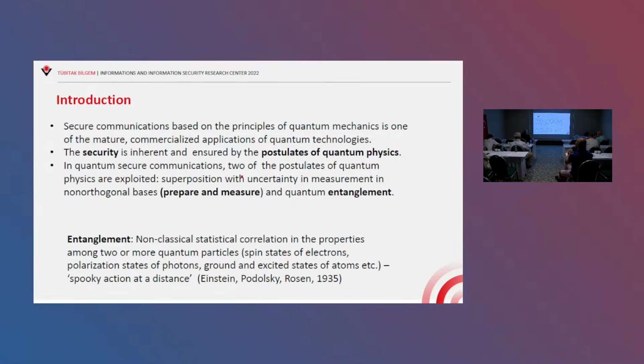This is what Einstein referred to as spooky action at a distance in the famous EPR paper in 1935: that seemingly two particles, no matter how far apart they are, once you make an observation on one of the particles, particle A, it would have an instantaneous effect on the state of the second particle, no matter how far they are. This is the property that we'll be exploiting in secure communications.